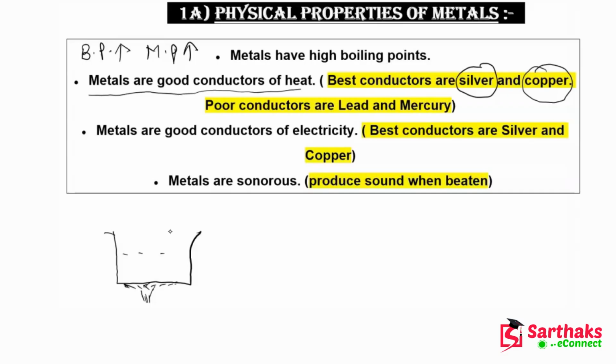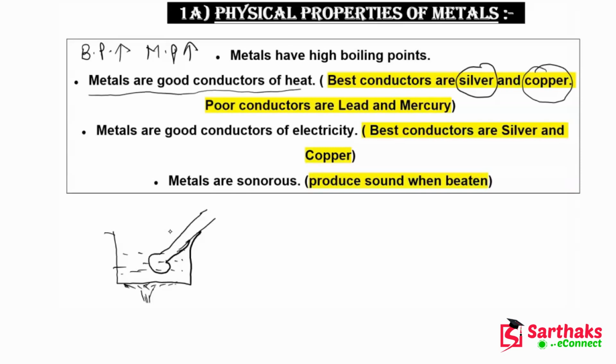Now when this container becomes very hot, if you stir it with a metallic spoon, the spoon which is made up of metal, after some time you will notice that the spoon will also become hot.